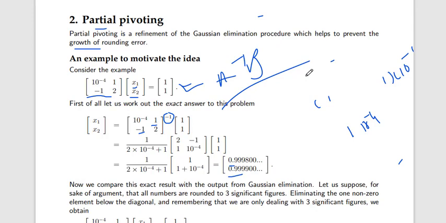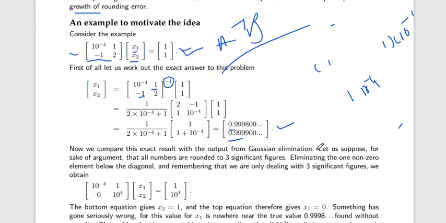Now let's start comparing this result with Gaussian elimination. We will solve this equation with the help of Gaussian elimination, and then compare it with this result. How do we solve this using Gaussian elimination?